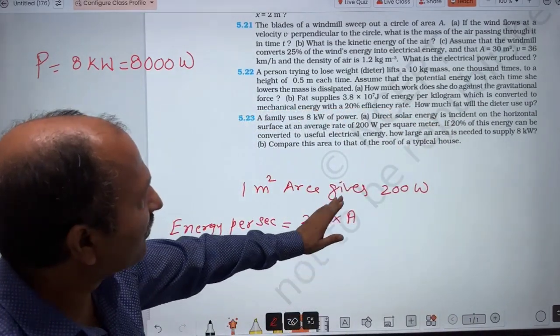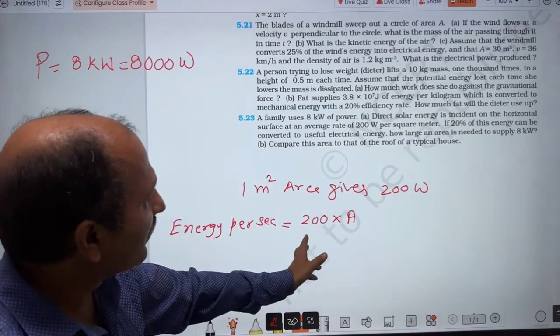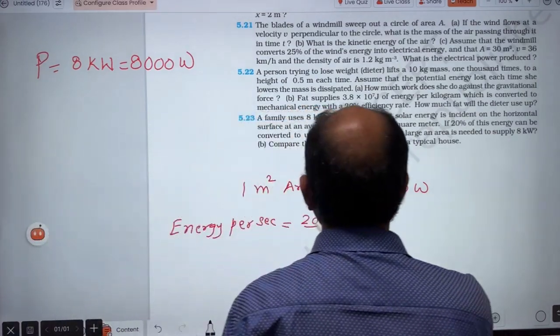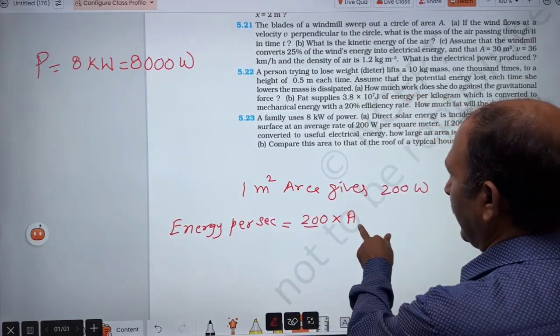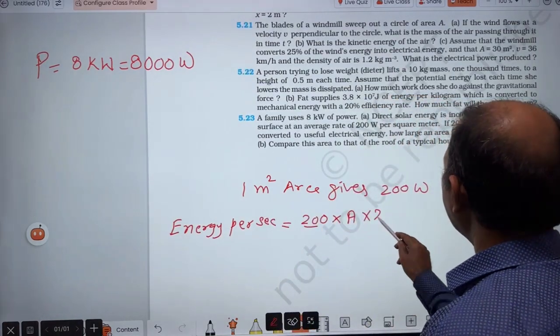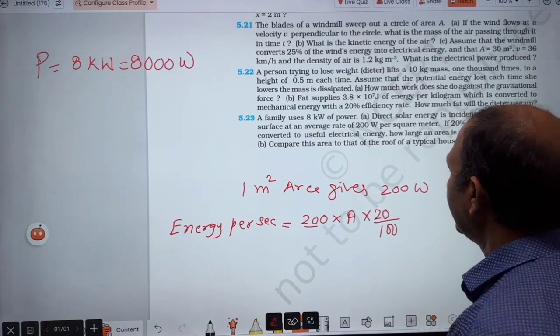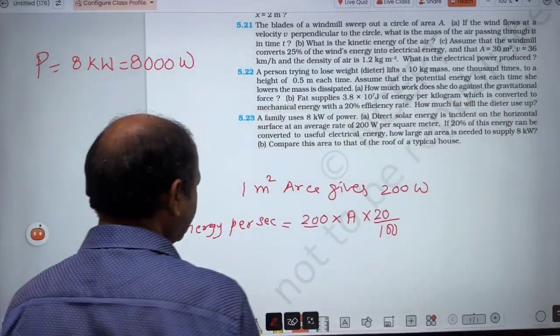So this will become just 200 watt for 1 meter square. Now energy needed means energy per meter square into area, and then there is 20% efficiency, right? Did you understand?